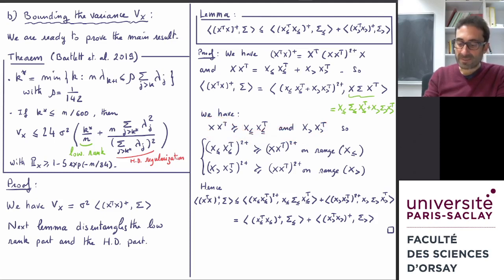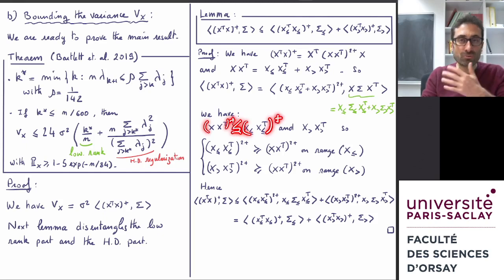So since you have this dominance, what does it mean for the inverse? If you take just the Moore-Penrose pseudo-inverse, this is not true everywhere, but it will be true on the range of this matrix.